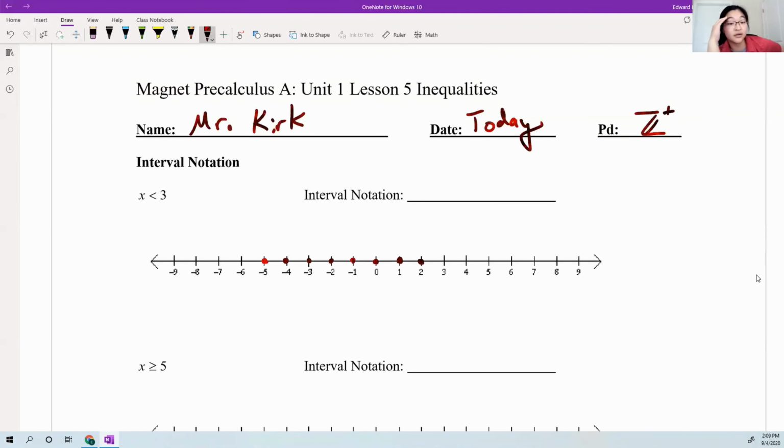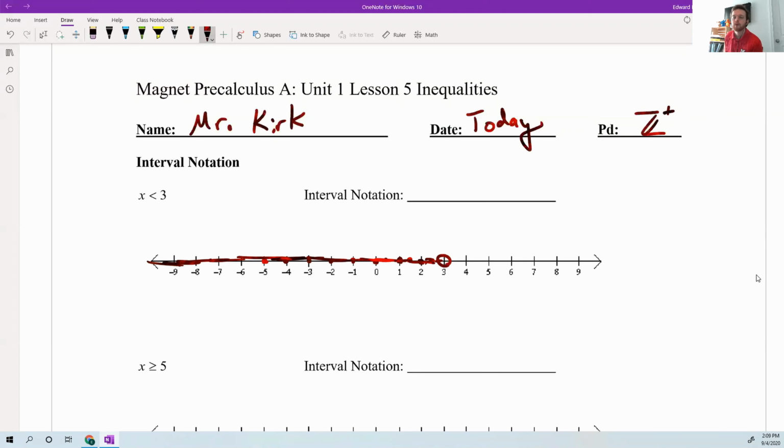Oh, but I said all the numbers. All the real numbers, like 2.5. We don't know e yet. All these numbers, but infinitely close to 3, so we can get up to where the 3 is, but we can't include 3.